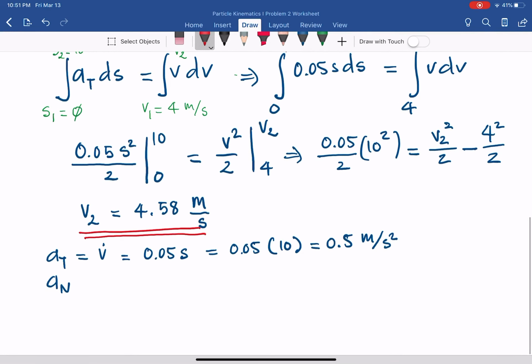So a_n in this case, if you recall, equals v squared over rho. Rho stands for the radius of curvature, or the radius in this case, and we have v, in this case the v2 we already have, 4.58 squared divided by rho.